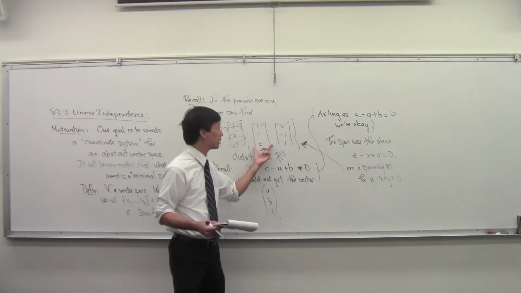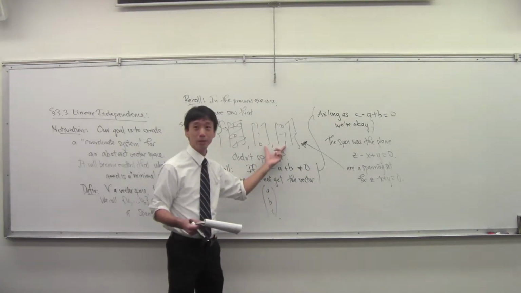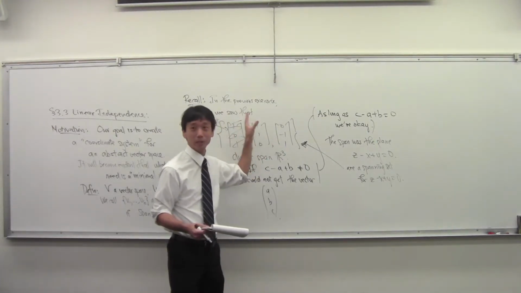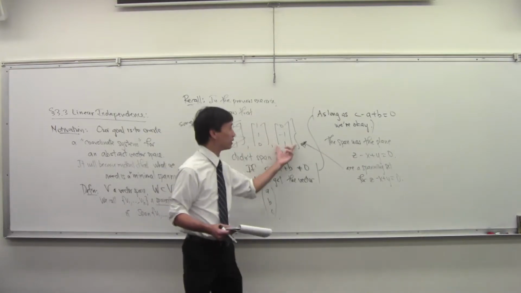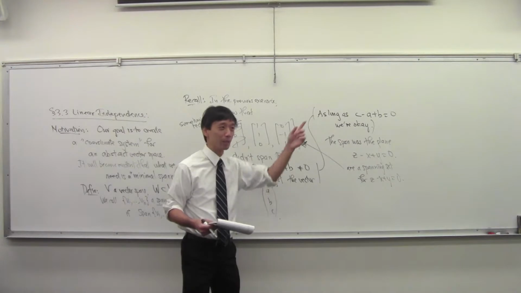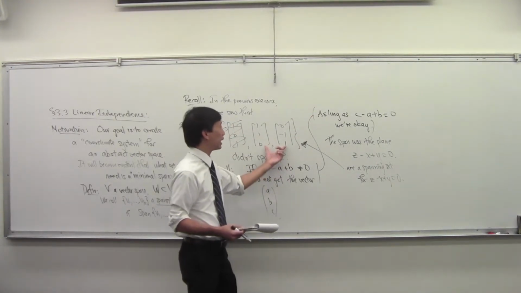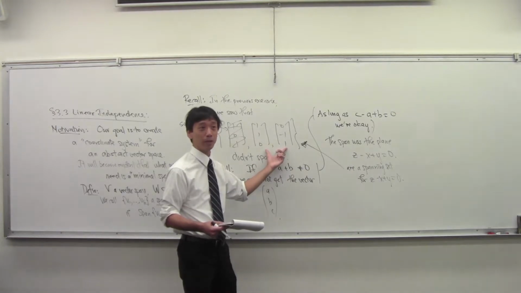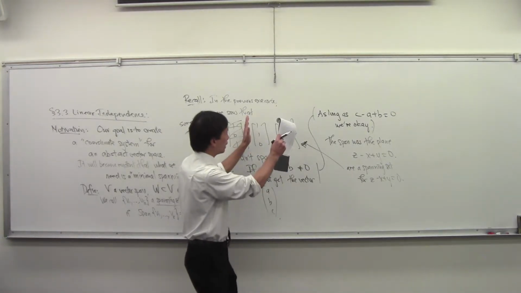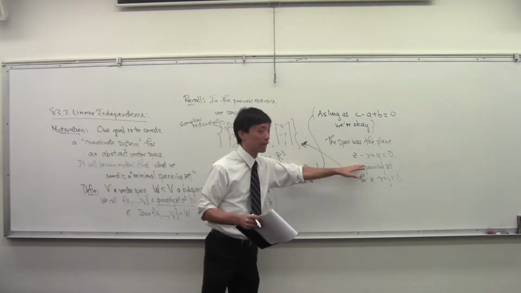Suppose I've already thrown out this guy, and I've got these two guys left. Suppose I throw out one of these guys. Do I change the span? Definitely, because now you've got just one vector. You've got multiples of one vector. It becomes a line. So I can't throw out these guys. So in some sense, these guys are a minimal spanning set for this plane.